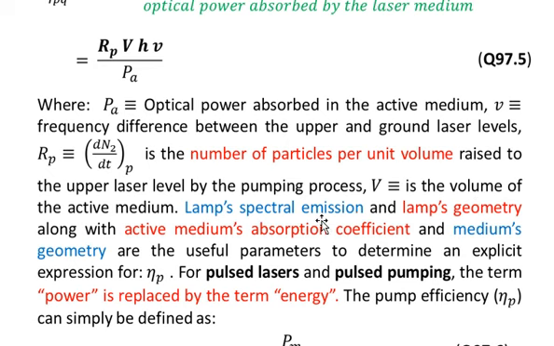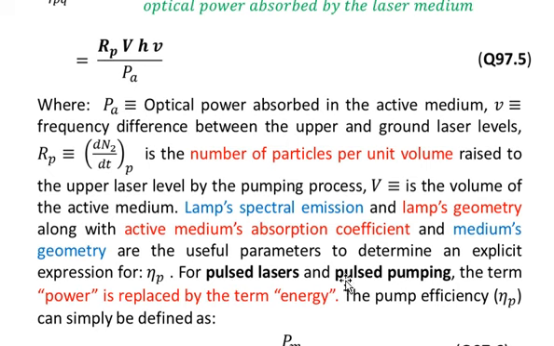The lamp's spectral emission and the lamp's geometry, along with the active medium's absorption coefficient and the medium's geometry, are the useful parameters to determine an explicit expression for eta P. So you see that eta P depends upon many of these parameters that I have just mentioned. We are not going to discuss in detail the dependence of eta P on these parameters, but we are just going to derive a mathematical expression for eta P, which is the efficiency of the pumping process.